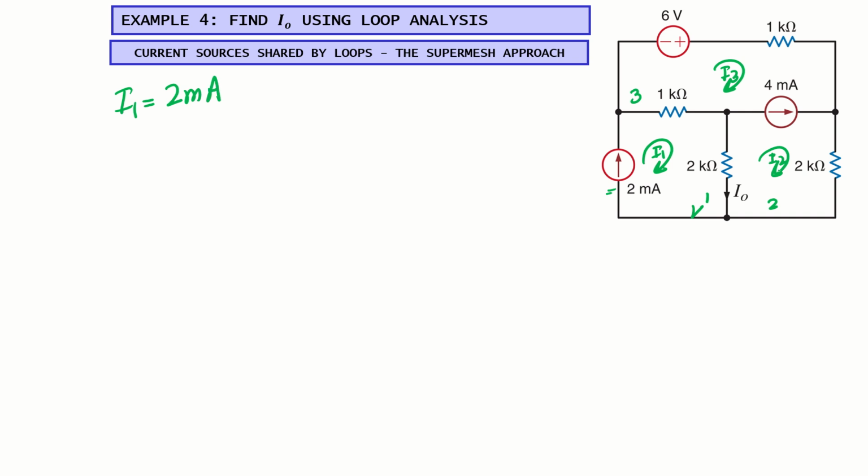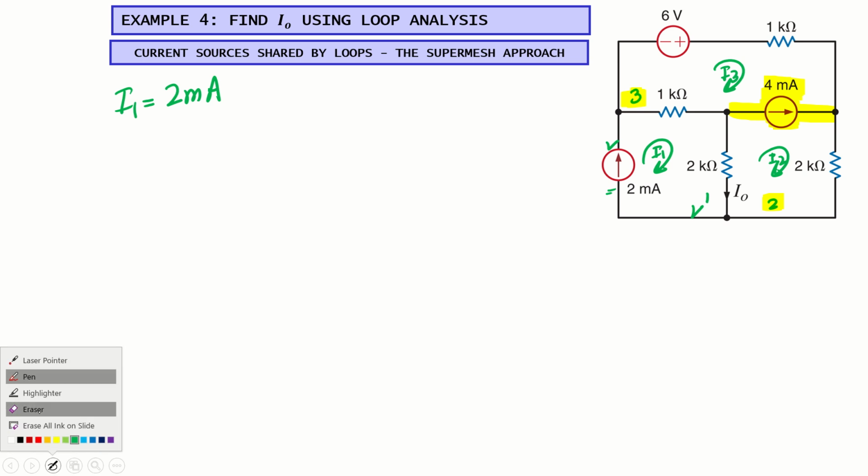Now we are left with loops 2 and 3, and here we need to pay attention. We have another current source, and it is shared between loops 2 and 3. Like the first loop, where the current source was not shared between two loops, we could write the loop current directly.